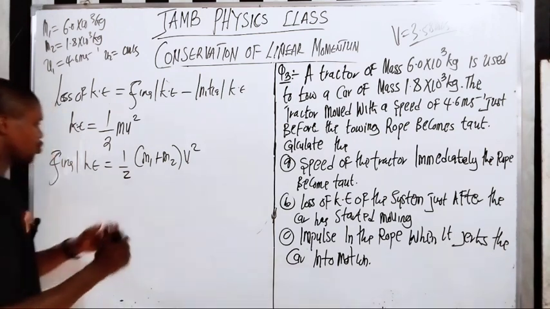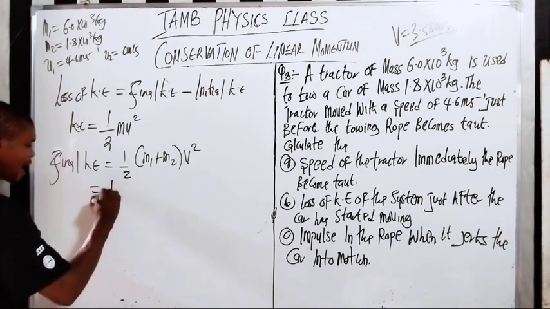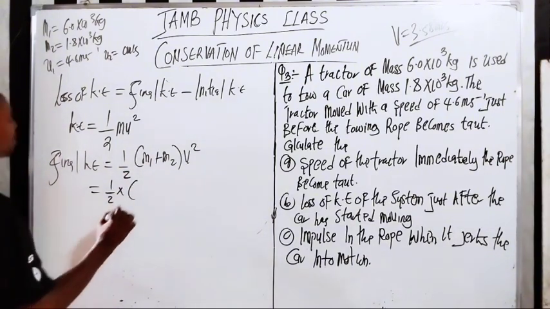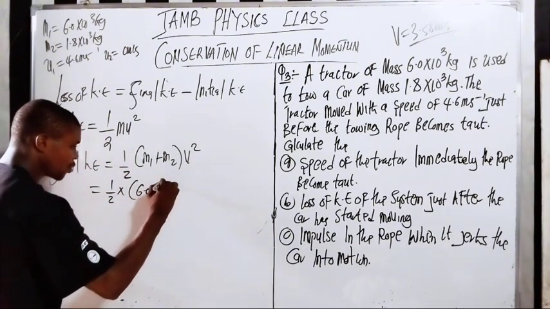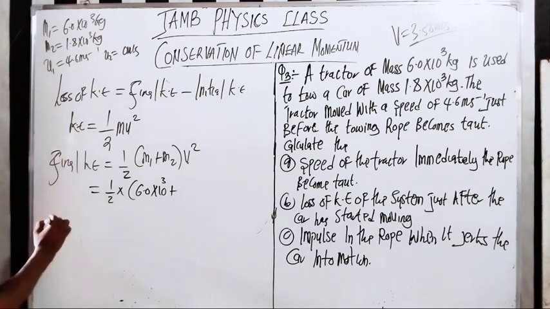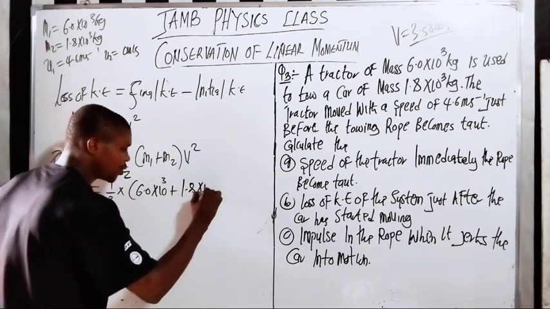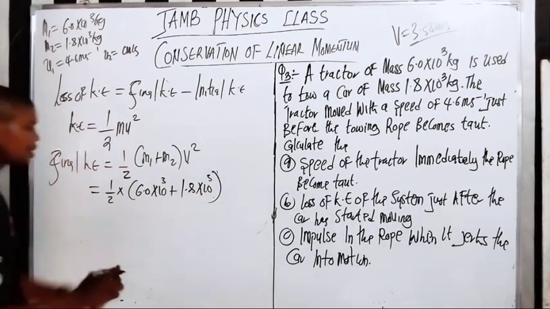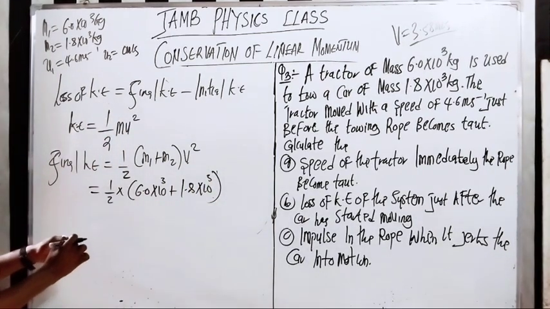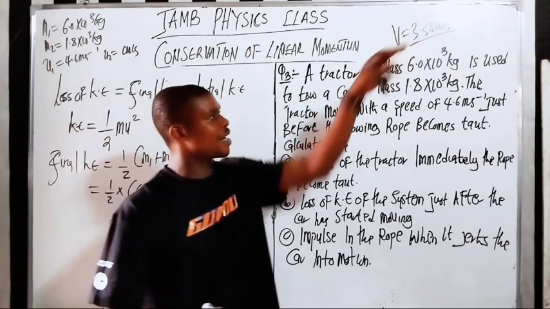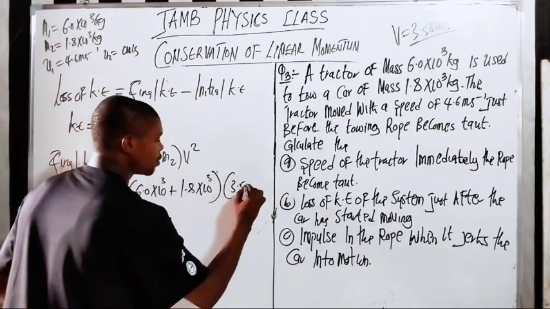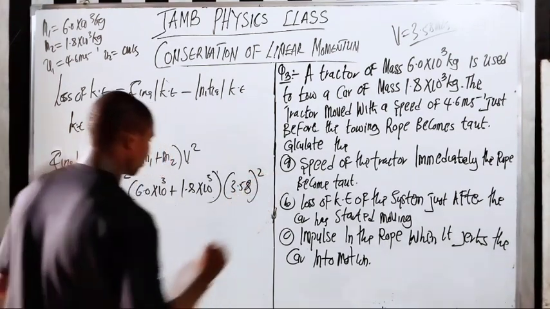So it means half times m1, which is 6.0 × 10^3, plus m2, which is 1.8 × 10^3, then my v, the final velocity I've calculated, which is 3.58, all squared.